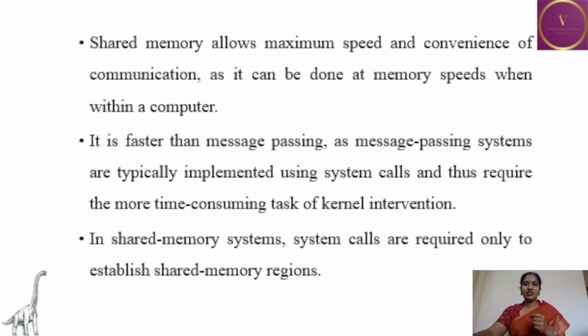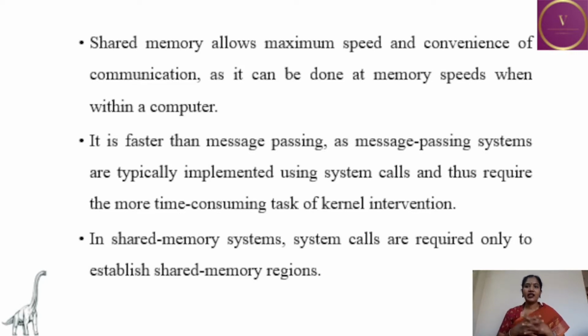It is faster than message passing, as message passing is typically implemented using system calls and thus requires the more time consuming task of kernel intervention. So why do they say it is more time consuming? Because we are involving the kernel in order to share information.